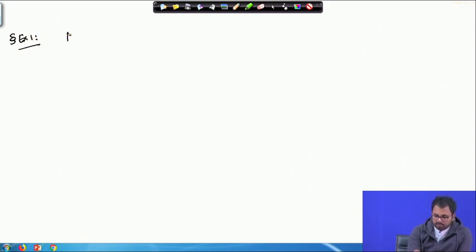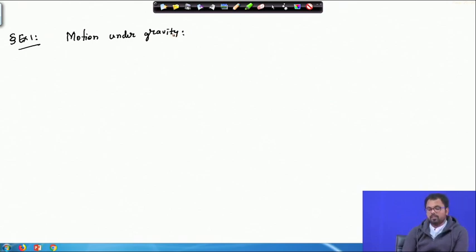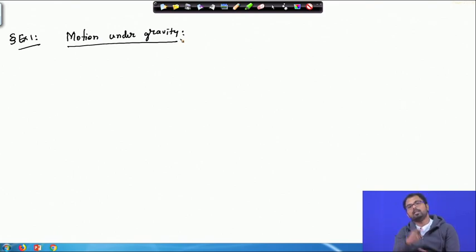Motion under gravity. Motion under gravity means suppose you dropped a particle or you threw a particle.